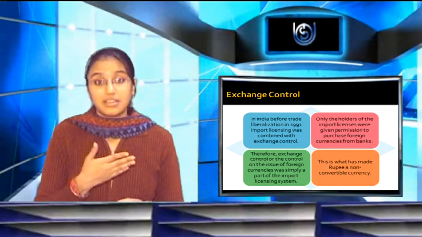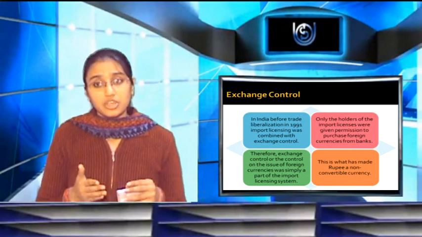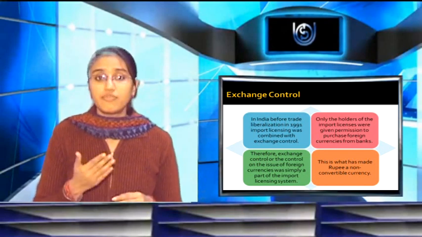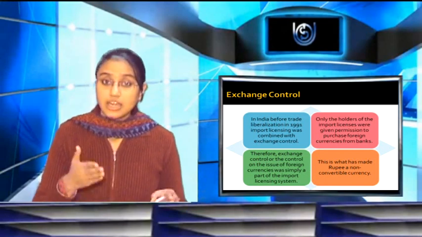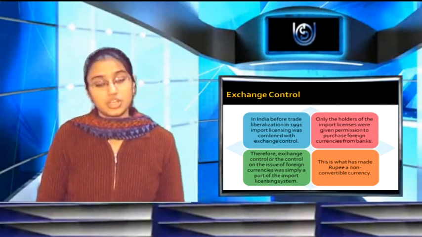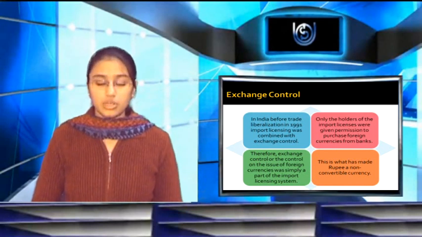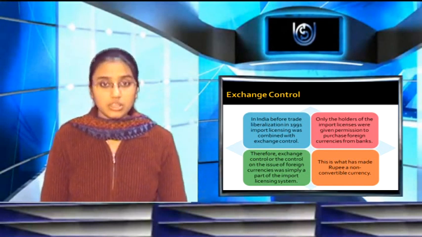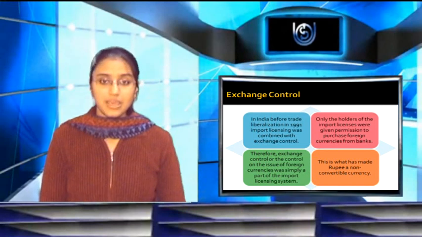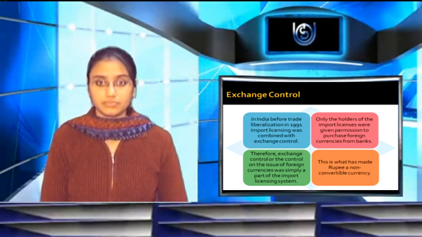In that case, that fluctuation calls the currency a floating currency. That is, a currency that uses a floating exchange rate is known as a floating currency. तो जो करेंसी फ्लोटिंग एक्सचेंज रेट को यूज करती है वो फ्लोटिंग करेंसी भी कही जा सकती है.